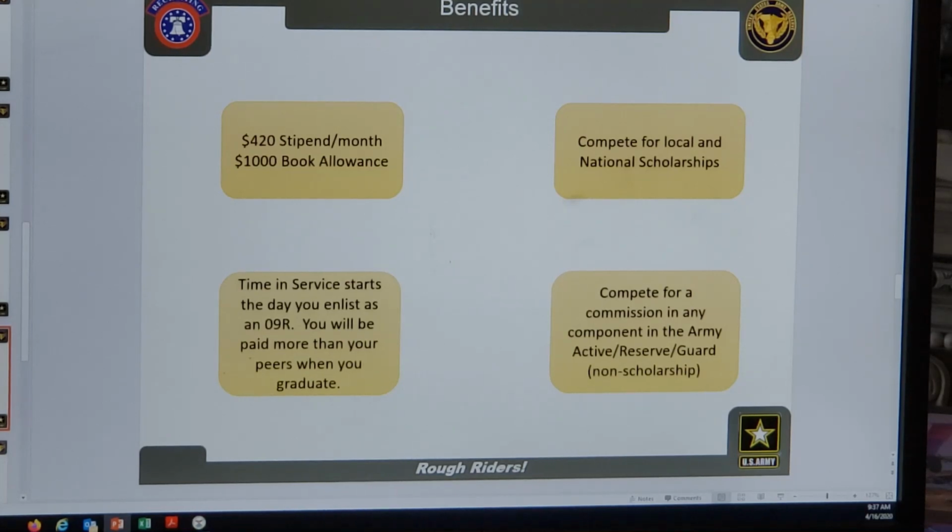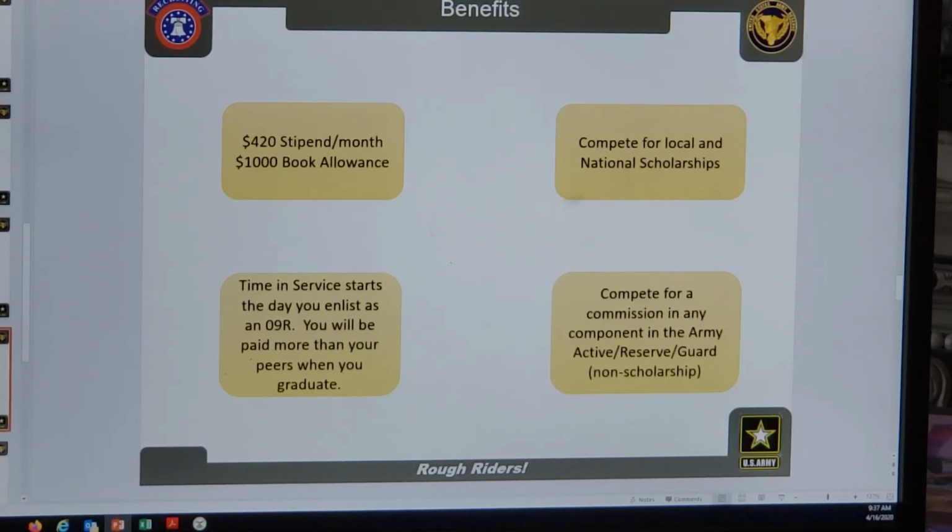So, big one: compete for a commission in any component of the Army, active, reserve, or guard. If you're a non-scholarship, if you don't take any money from any sort of scholarship money. Now there might be some sort of local scholarship, like the college might give ROTC members $1,000 or $2,000. That's separate.